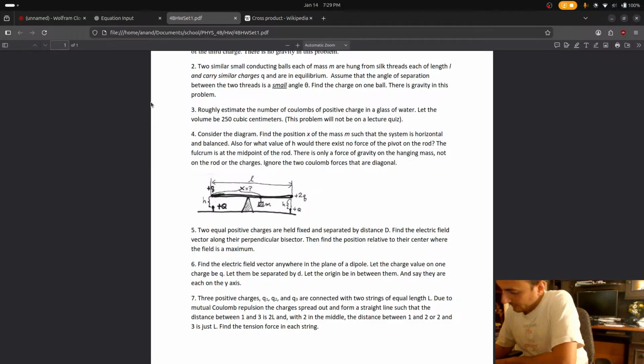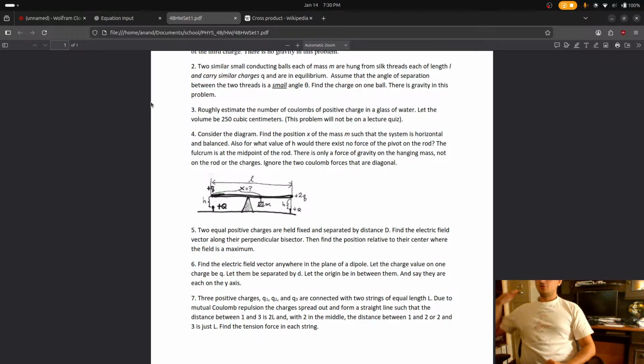All right, so this is going to be equal to minus L over 2, 0, 0, cross 0, k q over h squared, 0. Okay, so perpendicular. And then the sign, let's do the sign. It's a negative torque.